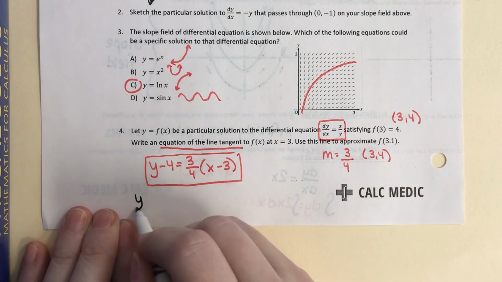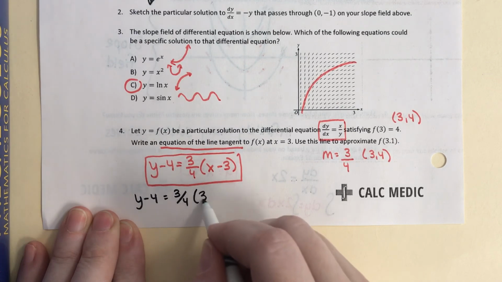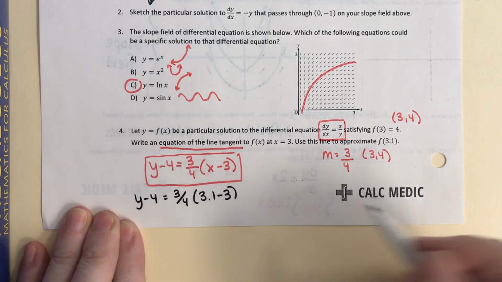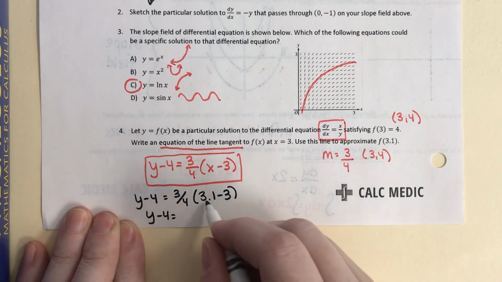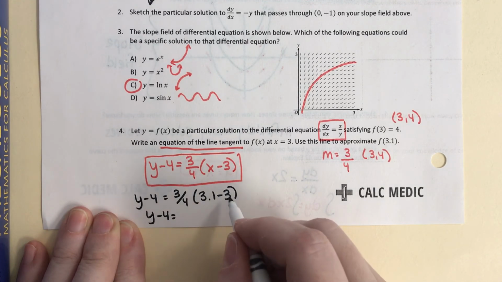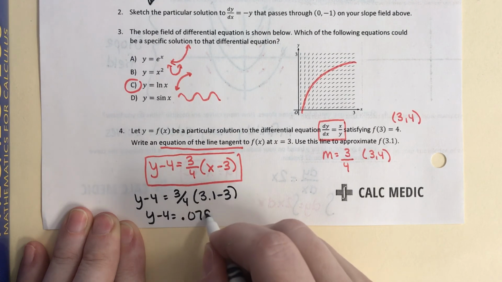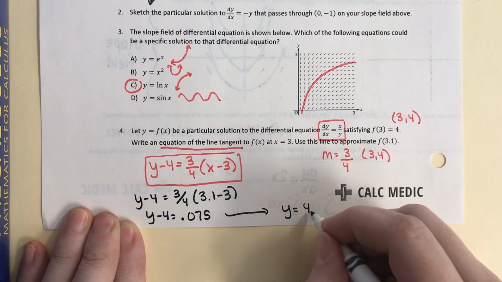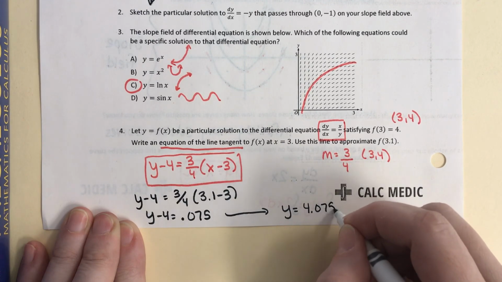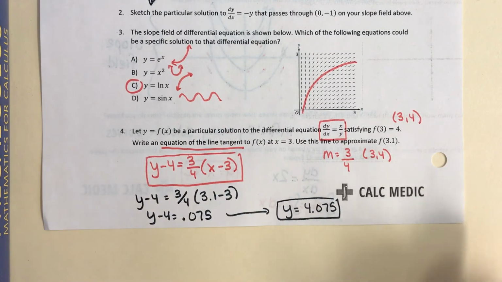So all that means is that I'm going to plug in 3.1 for x and solve for y. So 3.1 minus 3 is 0.1. 0.1 times 0.75 is 0.075, which means if I solve for y, I get 4.075.